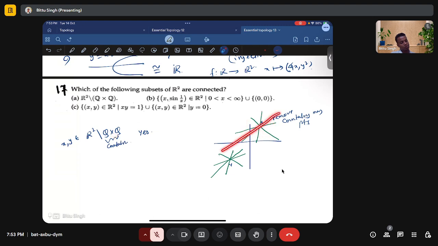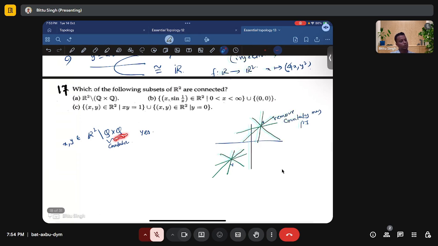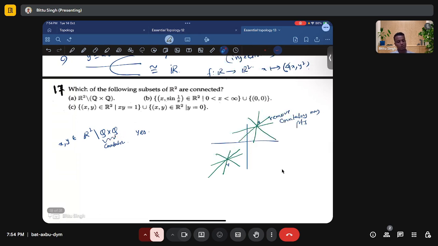So there are two different lines through these two points which must intersect, because there are uncountably many lines which avoid Q cross Q. So this is path connected by those linear paths, hence connected.